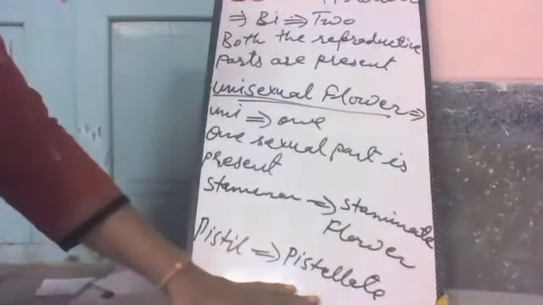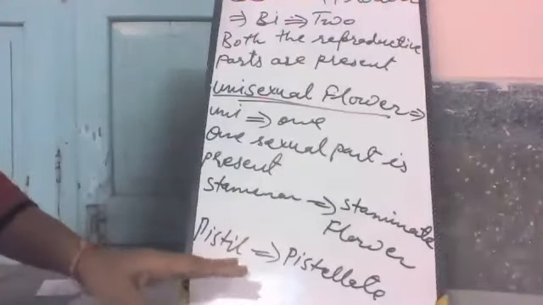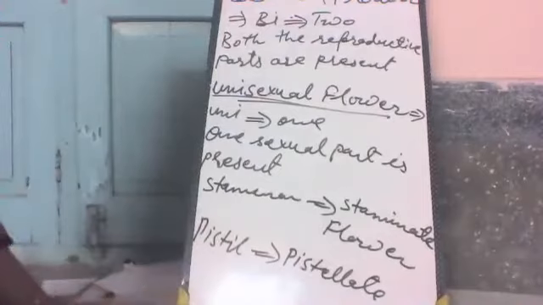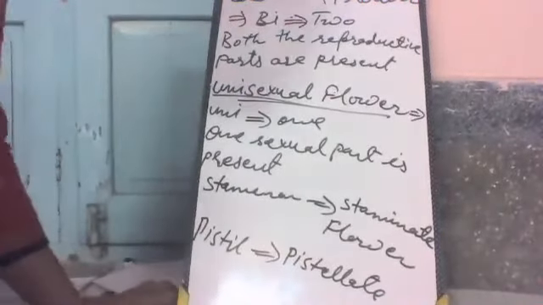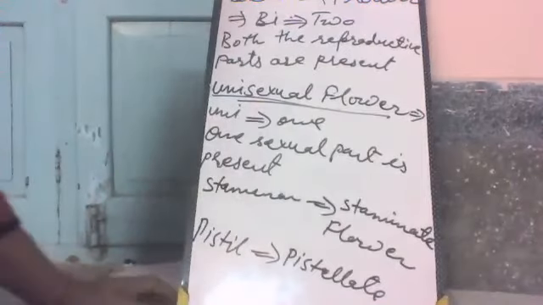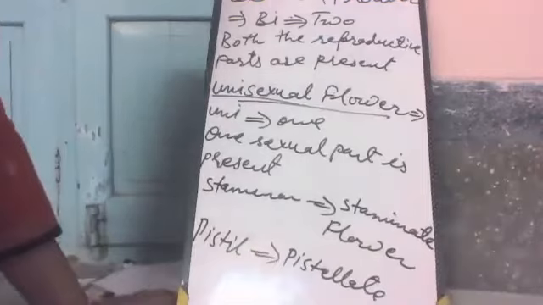Only the female part present is a pistillate flower, and only the male part present is a staminate flower. Is this clear to you, unisexual flower and bisexual flower?